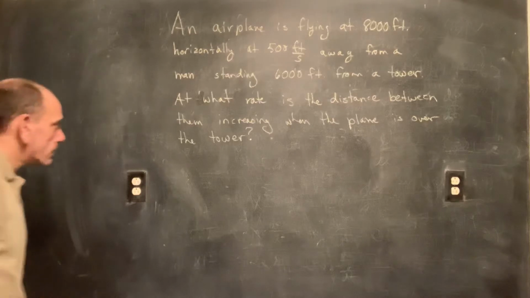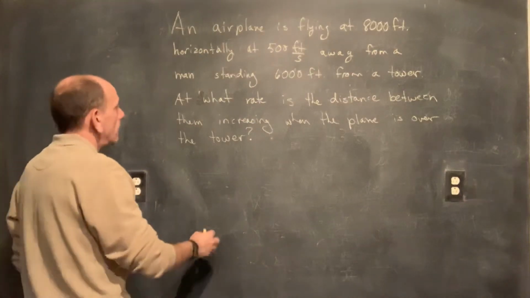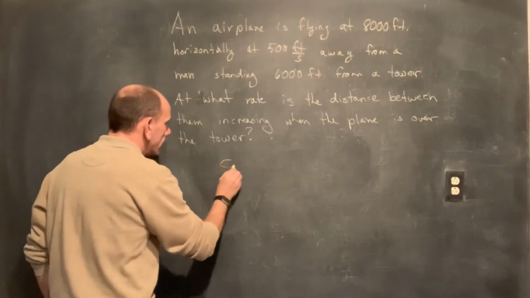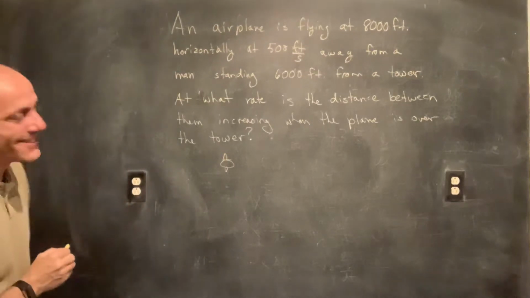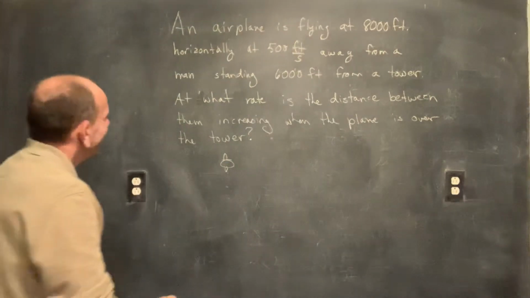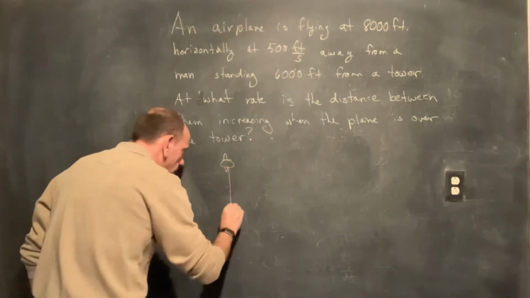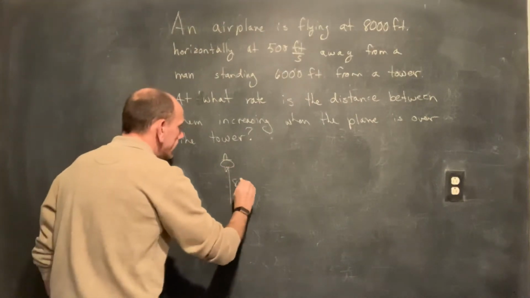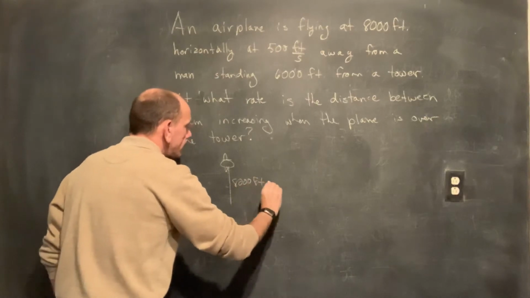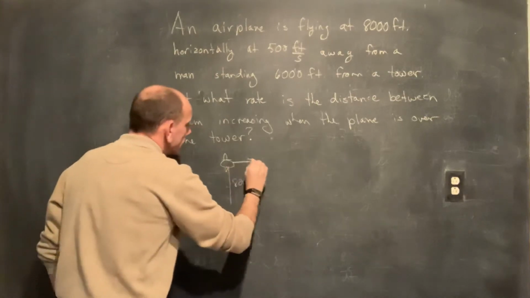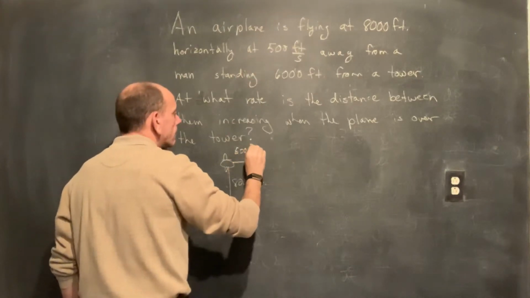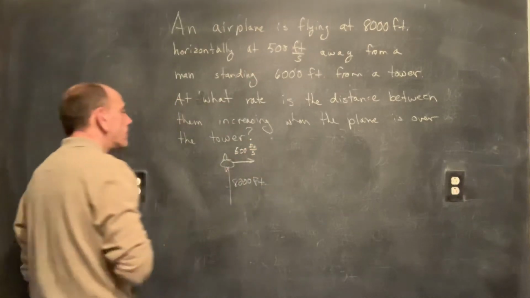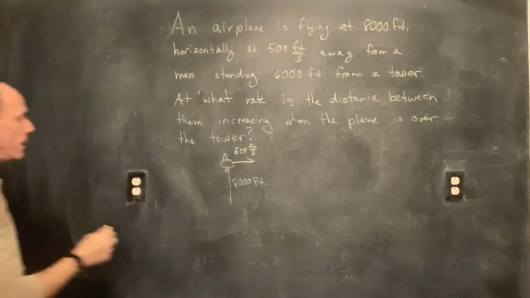So let's see what we've got. We've got this airplane. Forgive my not being an artist. Let's imagine that's an airplane. It's flying at 8,000 feet horizontally at 500 feet per second, away from a man.